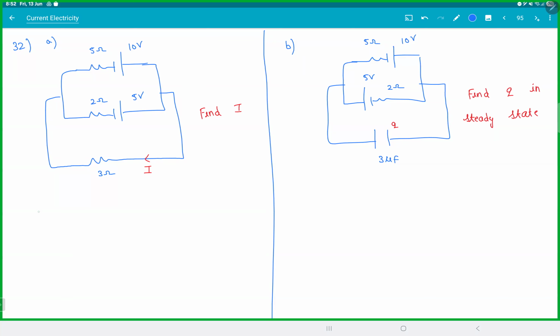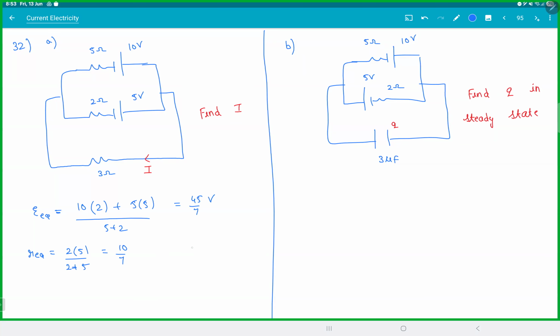Yeah, so first thing when you do E equivalent here, I'm assuming the 10 volt battery is stronger. So 10 into 2 plus 5 into 5, by 5 plus 2. That's 45 by 7. R equivalent is simply 2 into 5 by 2 plus 5, which is 10 by 7.